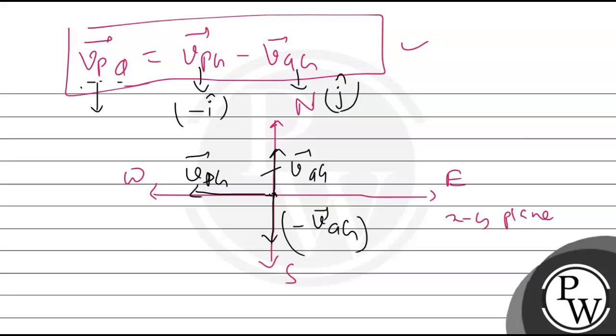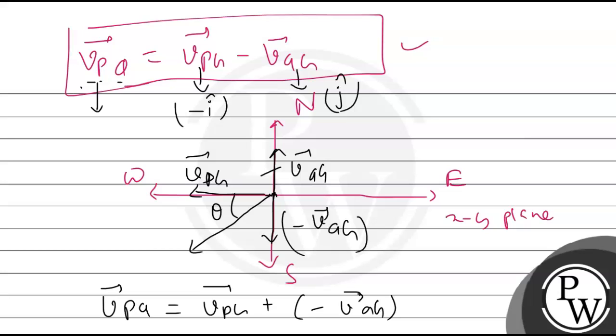Now we need to find out VPA equal to VPG plus minus VAG. If we add these two vectors, the resultant should be in this direction only, that is between west and south. So we need to find out what will be the angle with the west. So let us redraw it in a triangular form.